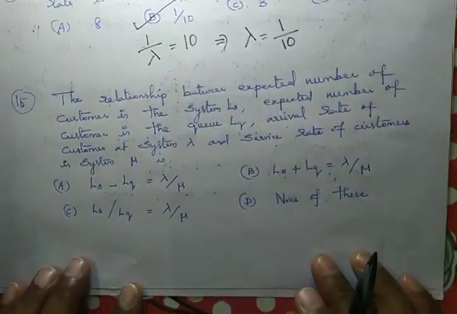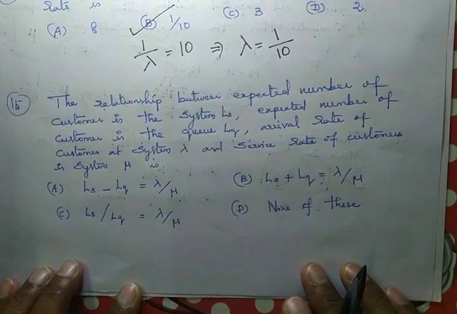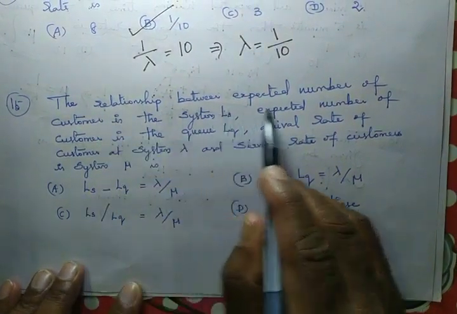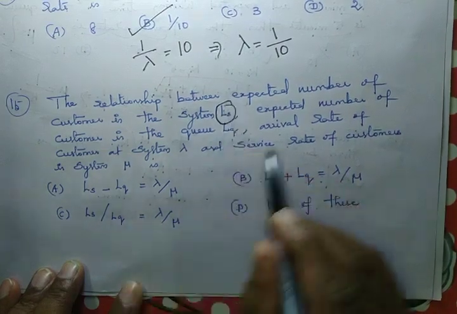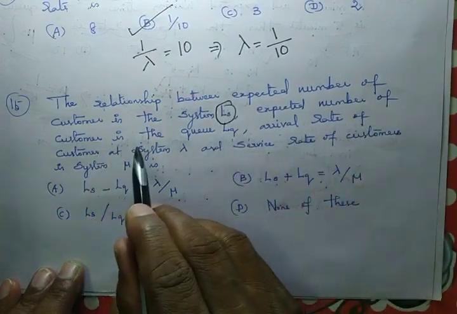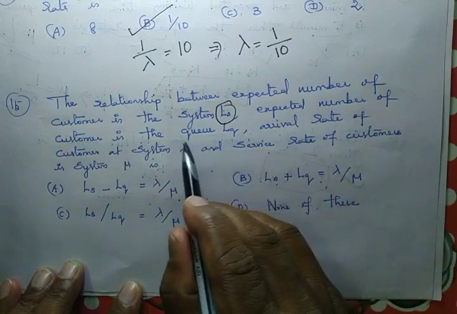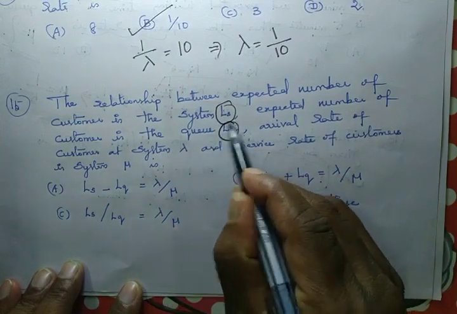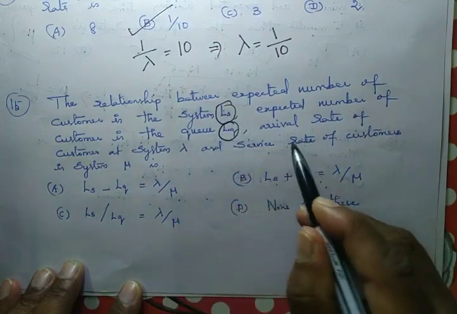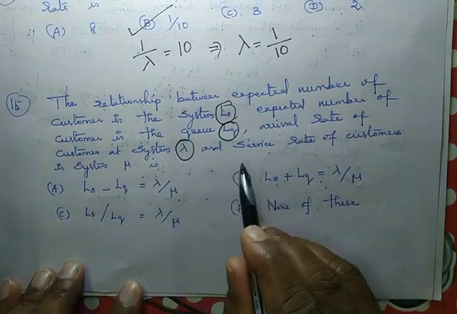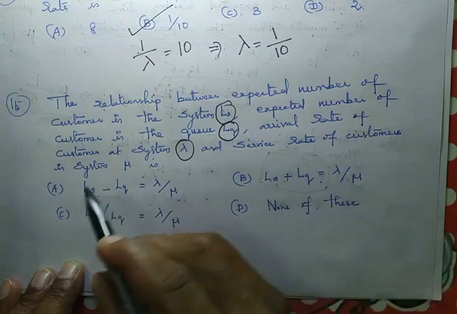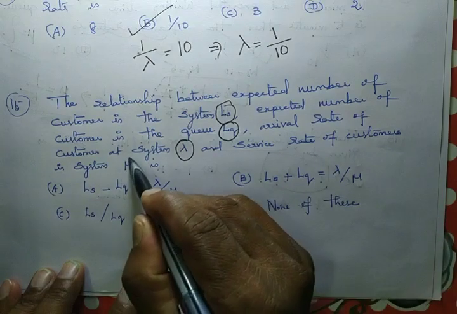Next one: the relationship between the expected number of customers in the system LS and the expected number of customers in the queue LQ. Also given are the arrival rate of customers lambda and the service rate mu.